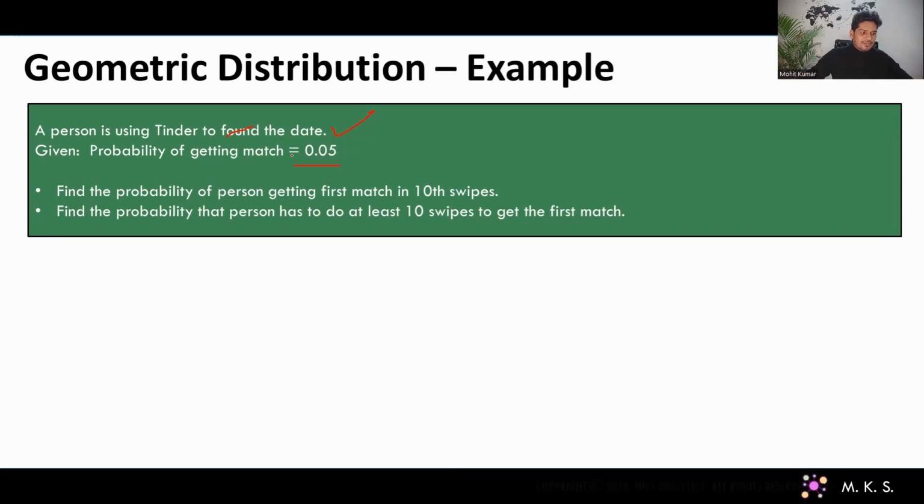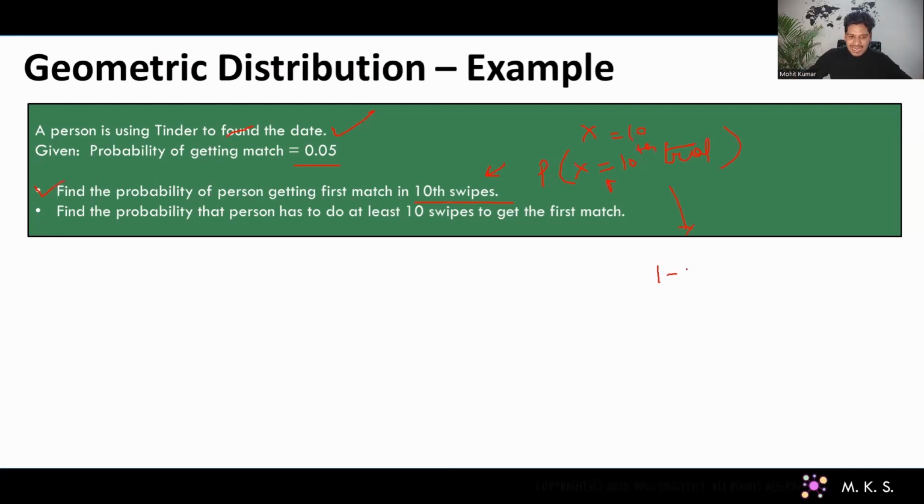So 0.05. Now, what we need to find in the first problem here: find the probability of the person getting the first match on the 10th swipe. Okay, what is the probability of getting a match in the 10th trial, right? So probability of x is equal to 10. Now just recall your probability mass function, because it's an equal-to sign. So recall your probability mass function formula.